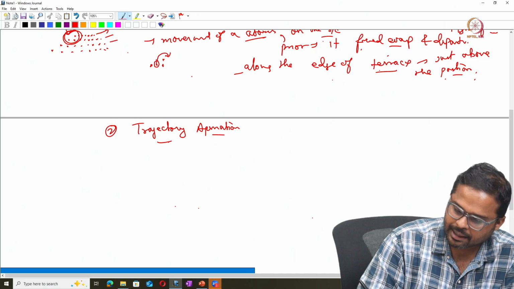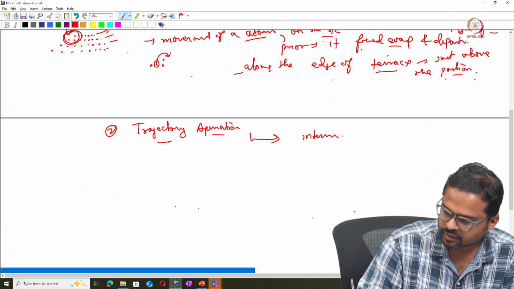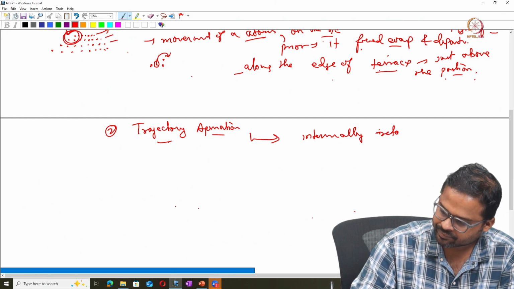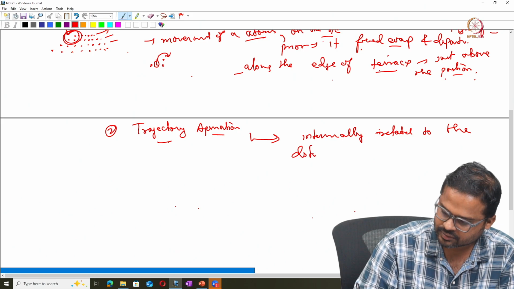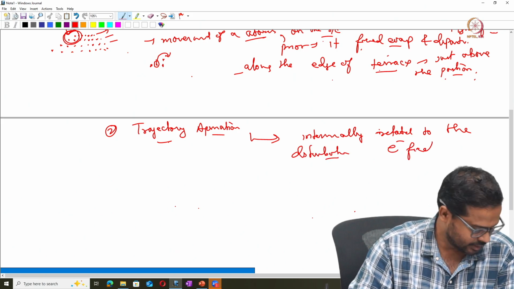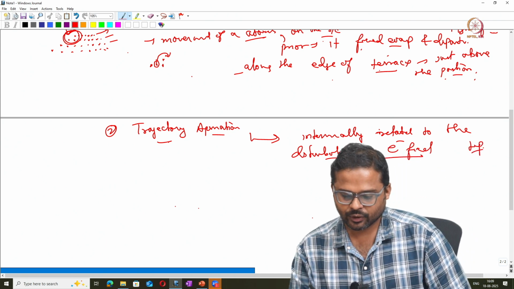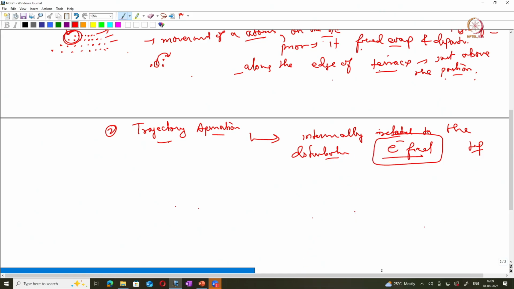Okay, and these aberrations are usually intrinsically related to the distribution of electric field in the vicinity of the needle specimen or the tip specimen. Okay, so this is intrinsically related to the distribution of electric field.